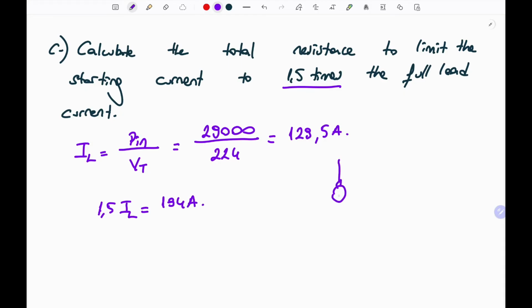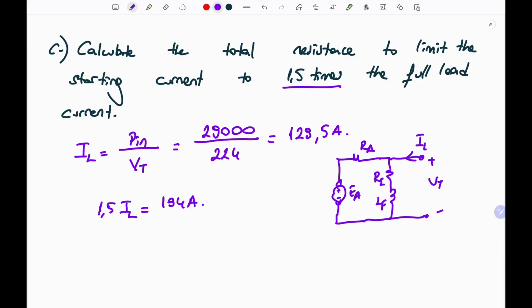And we have a shunt excited DC motor. So if we remember the equivalent circuit of the shunt DC motor, EA and RA will be the armature circuit components, and in the field side we have RF, LF. Here IL will enter and will be divided into two parts as IA and IF.